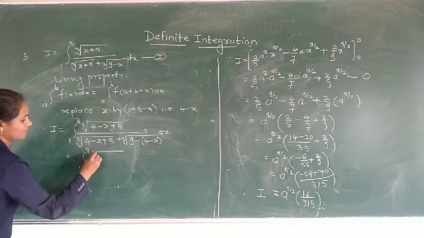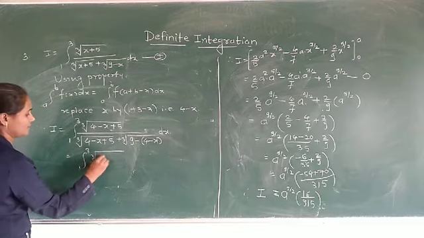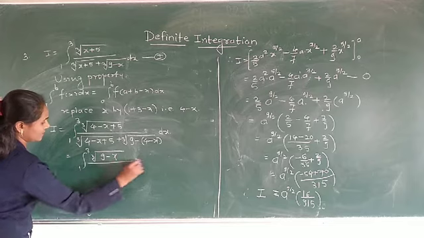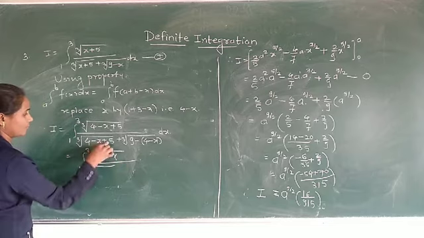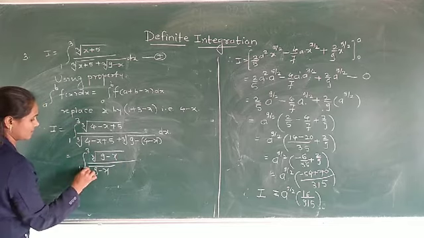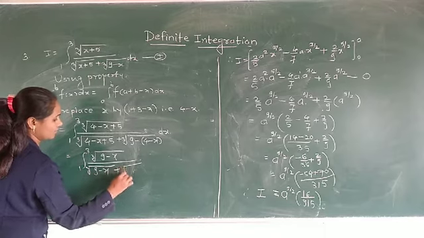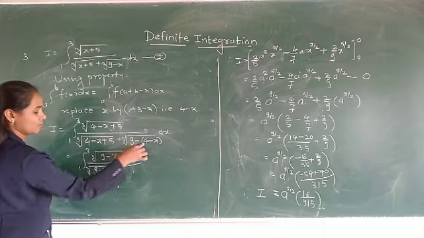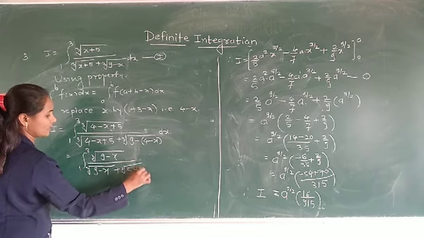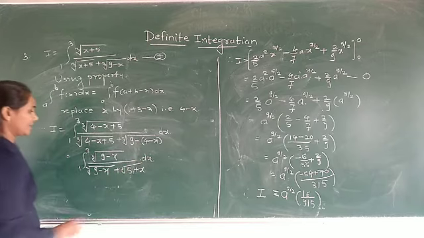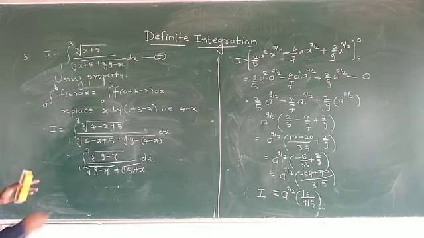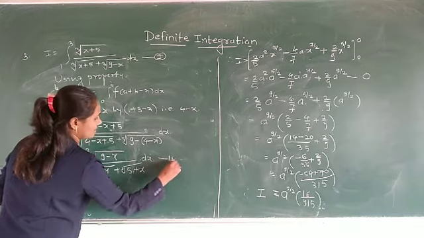That is, cube root 9 minus x, divided by cube root 9 minus x, plus cube root of 9 minus 4, that is 5, plus x, into dx. Now we add the first and second equations.